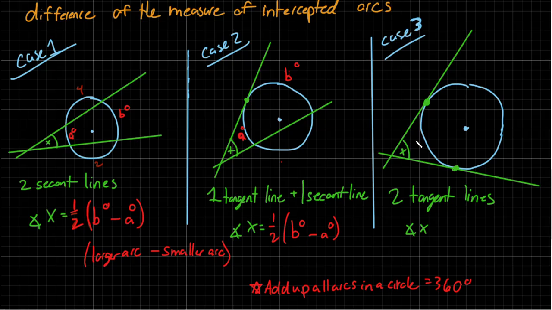This is where A is, and this is B. Elijah, which one is the major arc in this case? B? Yep. So we're doing 1/2 of the major minus the minor. Boom. Cool. Fun, right?